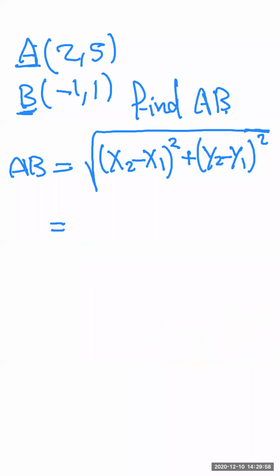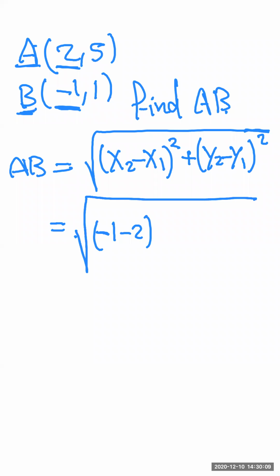So it will equal the square root of x2, here negative 1, minus x1, so 2. So negative 1 minus 2 squared plus y2, which is 1 minus 5, 1 minus 5 squared.